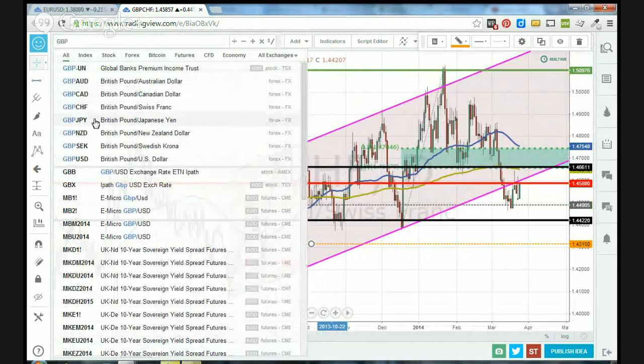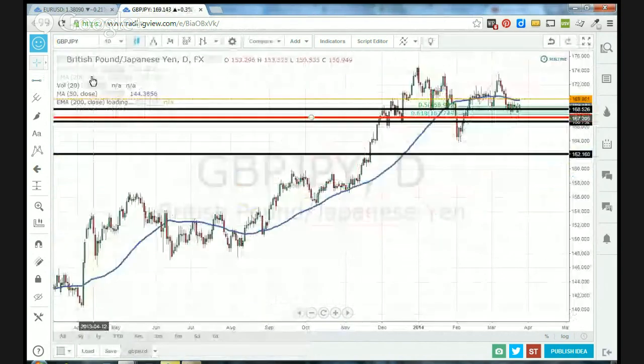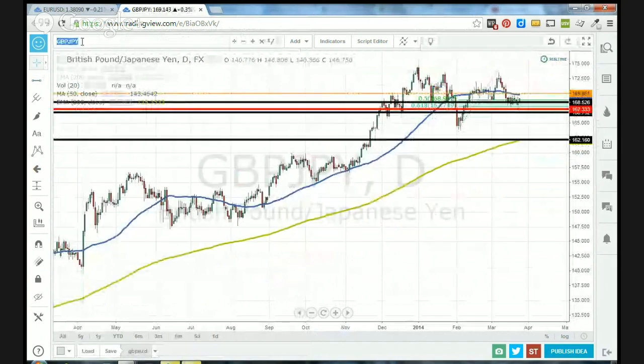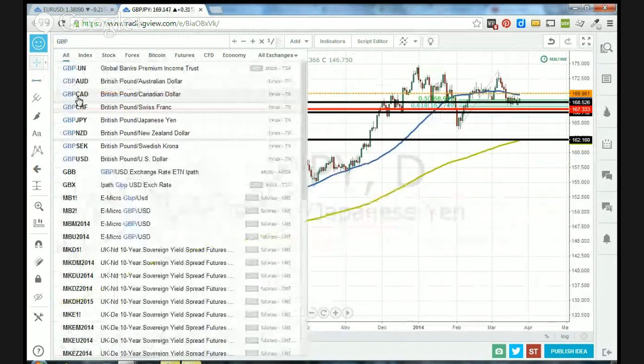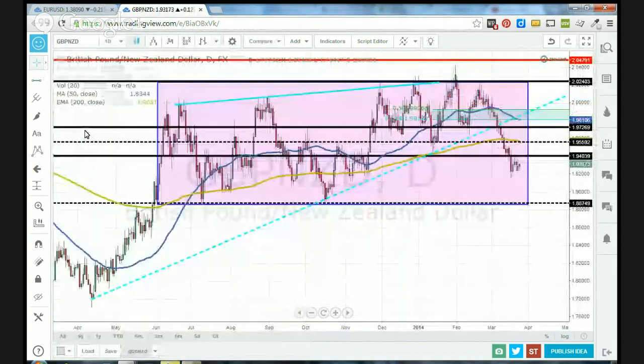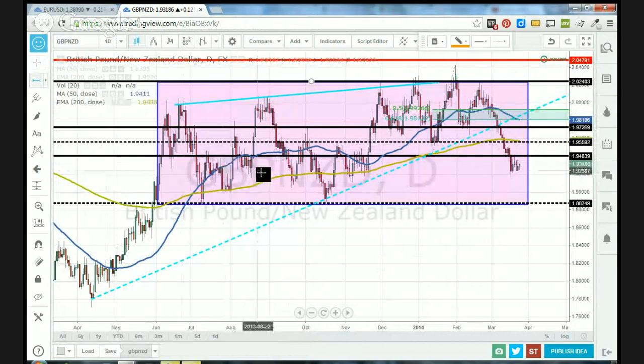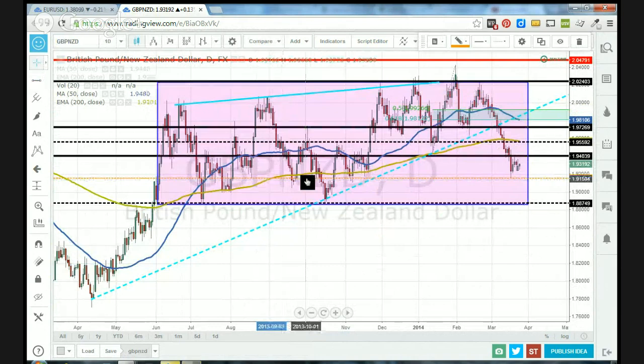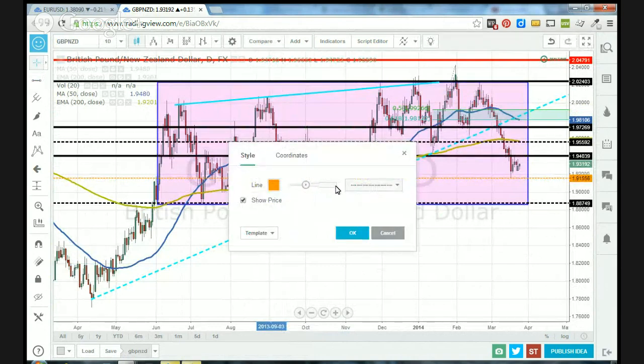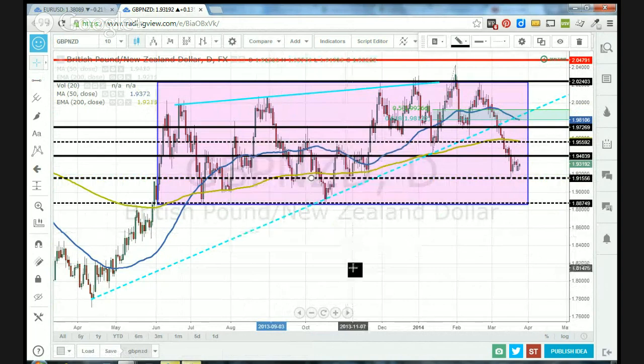Pound yen. We're in this trade, right? Yeah. Pound yen, we are in. We already looked at that. Pound kiwi. And so that's an interesting support level.